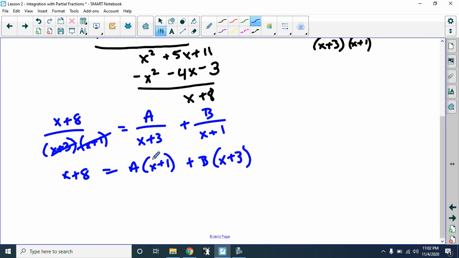Plug in -1 for my x's. Gives me b is 7/2. Plug in -3. Gives me b is -5/2.